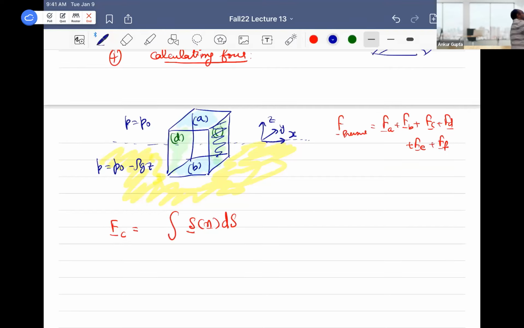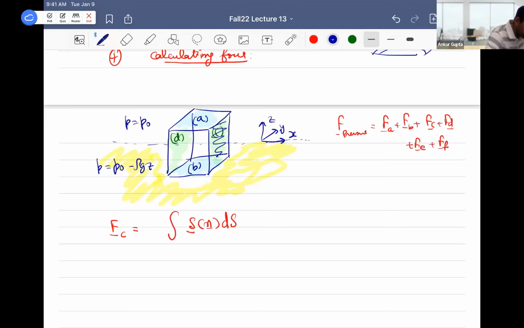Tim says e_x. So why not minus e_x? Could be either, or should be one of them. So it is e_x because it should always go into the fluid. So remember, first thing, we are trying to find the pressure force on the block.